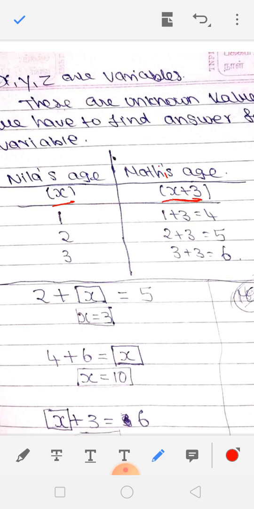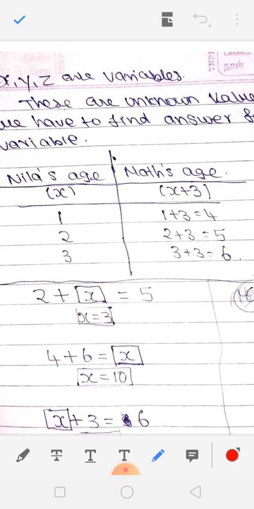Suppose I put 1 here. Nila's age is 1, so Madhi's age will be 1 plus 3, because the value of x is 1. Look at the left hand side. I have to put the x value 1 here. So 1 plus 3, the answer will be 4.